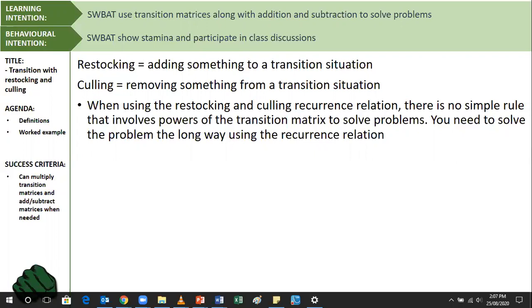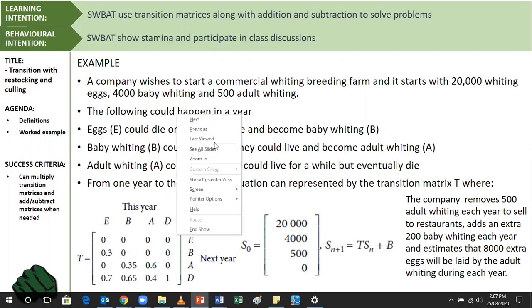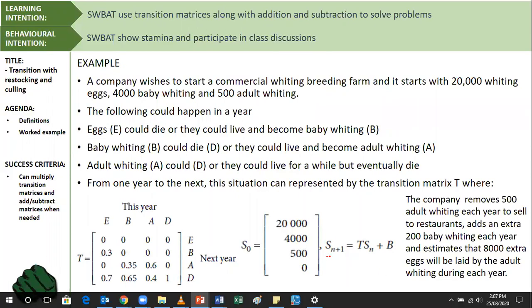With this, your transition matrix isn't just a simple multiplication anymore. Example one, pretty full on. Essentially, with your transition matrix system, there's also a plus and minus component. So to give you the recursion, this is what the recursion is.